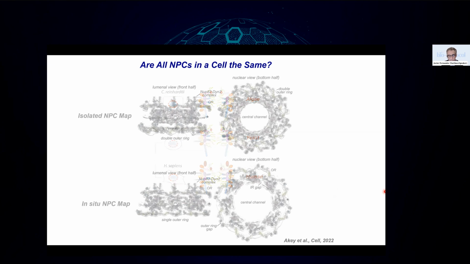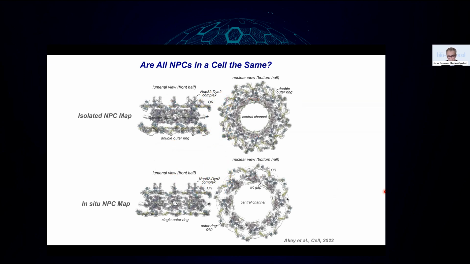And in this case, what was a big surprise came out of the purification of nucleopore complexes that we were able to design and use. When Chris Akey analyzed the data set that we collected from the isolated nucleopore complexes by single particle electron microscopy, he did a much more in-depth classification and multi-body refinement.